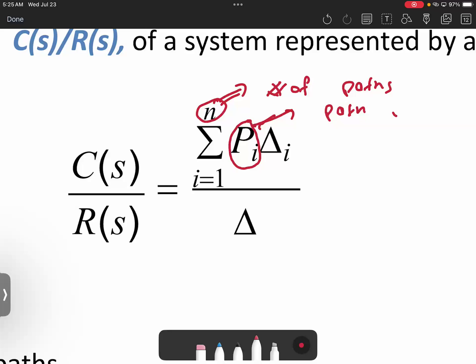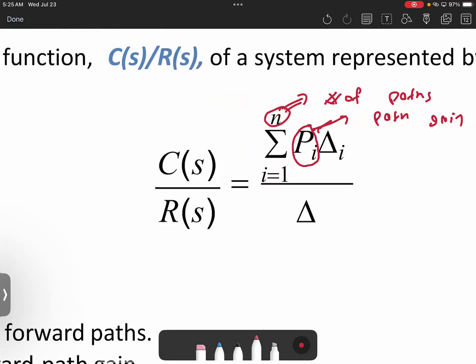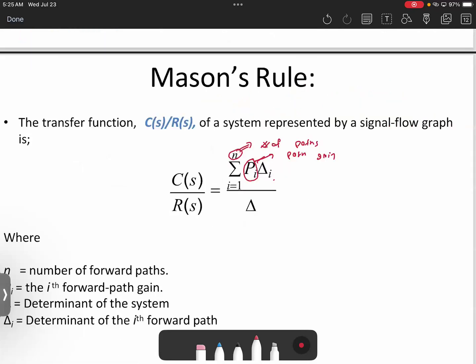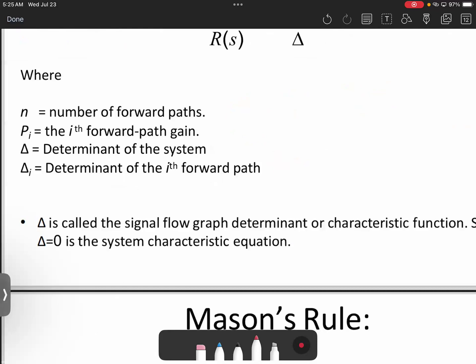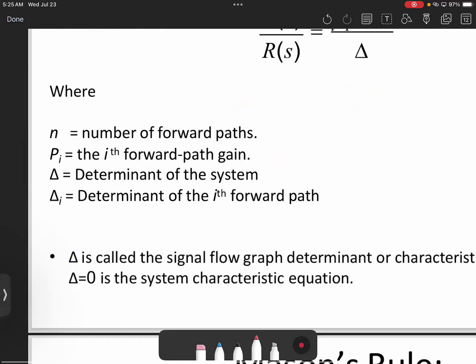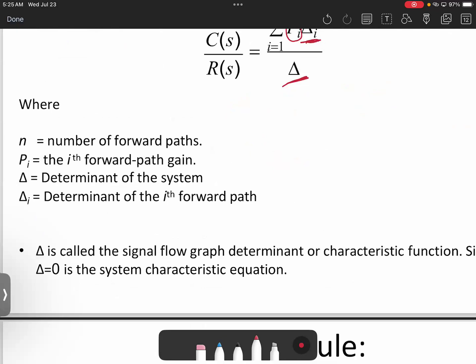Do you remember how to find the path gain? We already did it in the previous example, just 5 minutes earlier. We know the path gains, right? The only things that remain are delta, the determinant of the system, and delta_i, the determinant of the ith forward path.